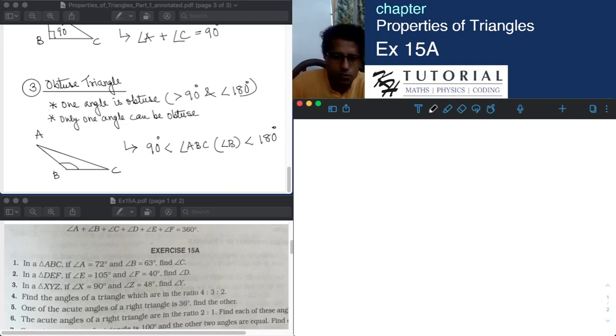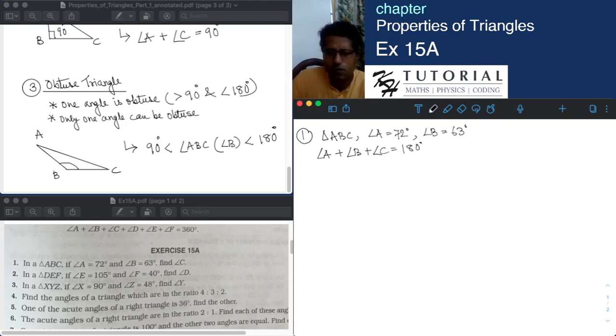Okay, so problem number 1 says, in a triangle ABC, angle A is equal to 72 degrees and angle B is equal to 63 degrees, and it is asking us to find angle C. So we know that angle A plus angle B plus angle C is equal to 180 degrees.